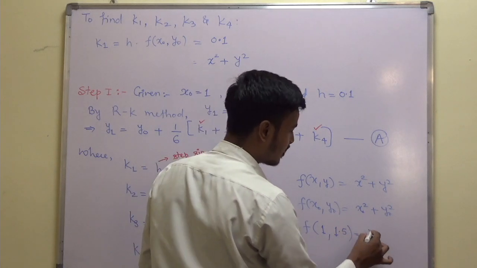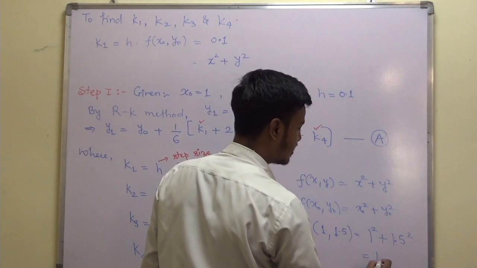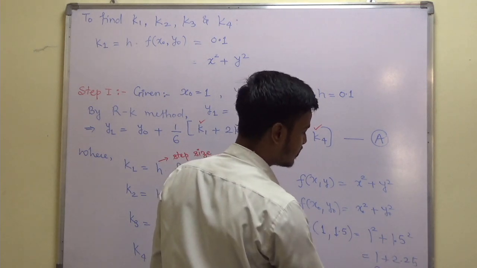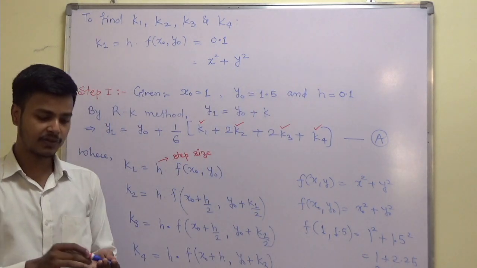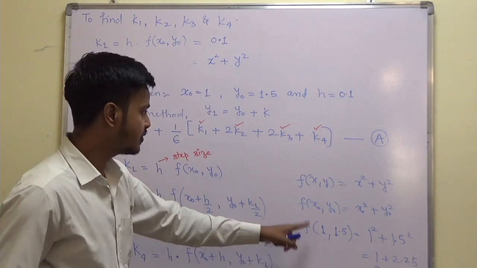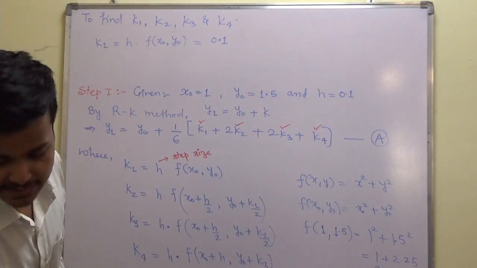So put here 1 square plus 1.5 square. So what is it? 1 plus 2.25, so this is 3.25. Okay, so likewise you can find all those values. This is just the first one, that's why I am explaining this thing, and next time we will write this directly.